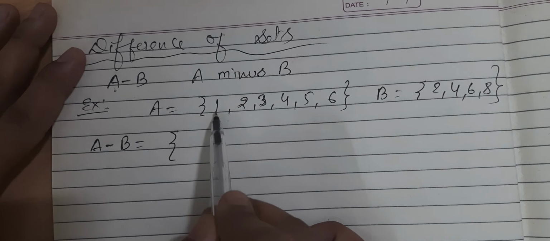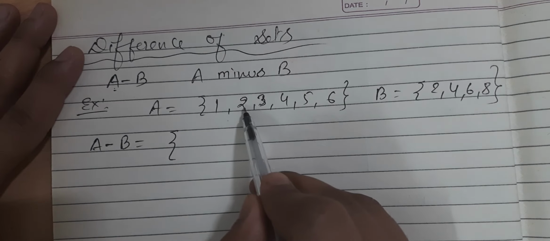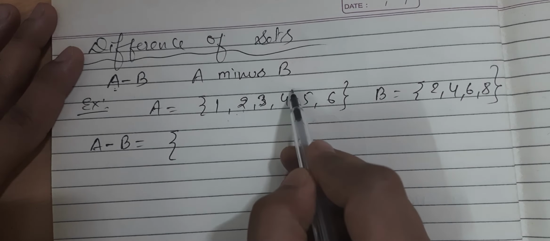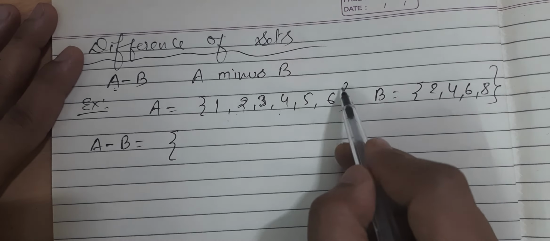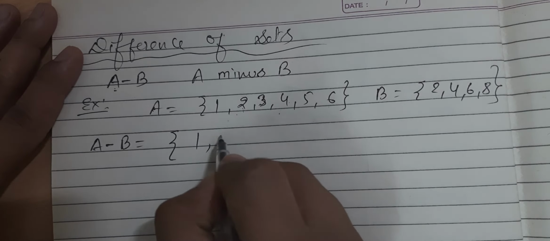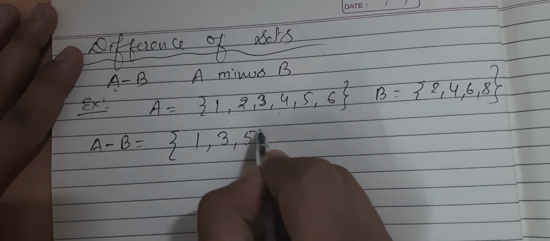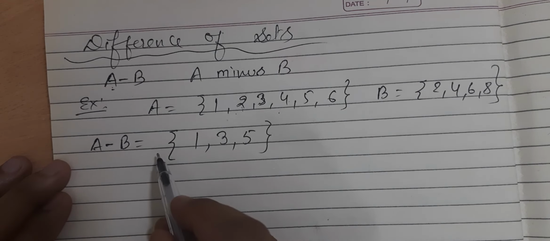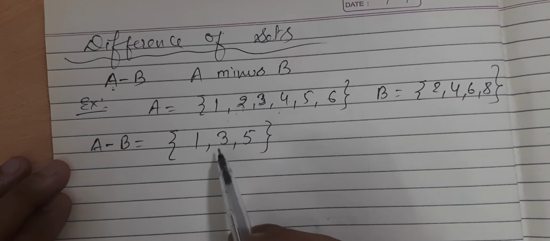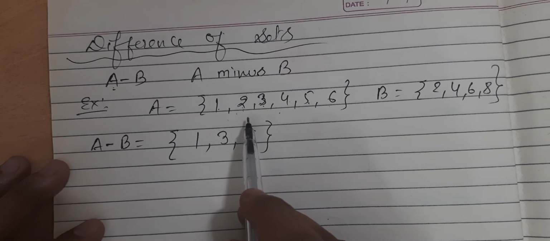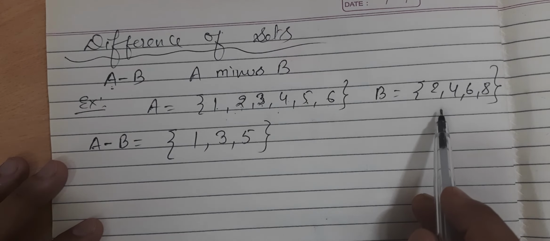Here we have 2 in set B, so we'll delete this 2, this 4 as well as 6. Other than 2, 4 and 6 we have 1, 3, 5. So 1, 3, 5 is nothing but A minus B, because these elements 1, 3 and 5 belong to set A but not to set B.